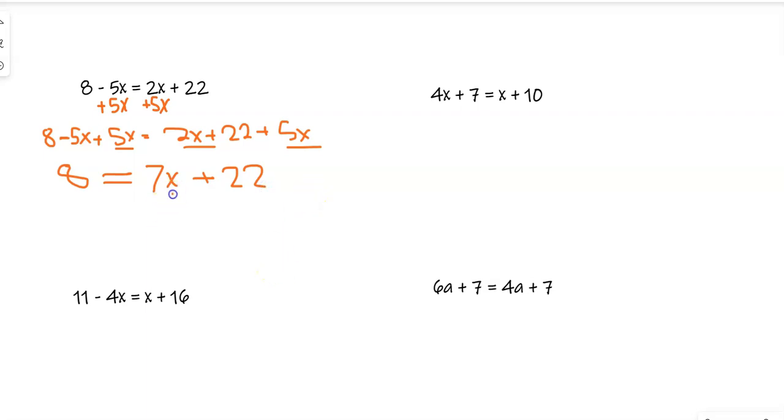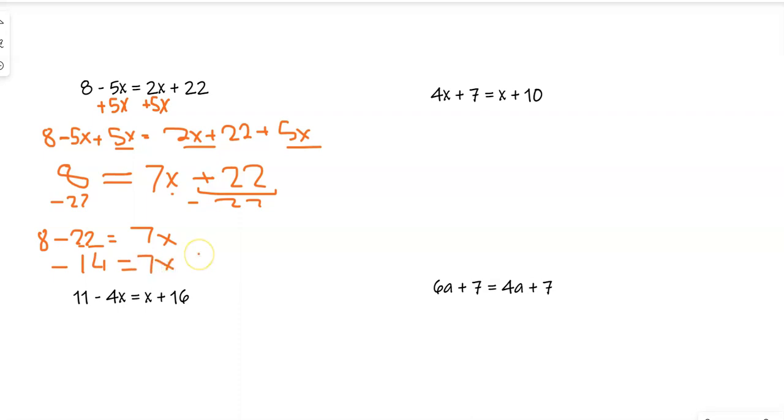So now we want to isolate x, which means we have to get rid of plus 22 on this side, which means we're going to subtract 22 from both sides. So here we're going to have 8 minus 22 equals 7x plus 22 minus 22, that's 0. Before we move on, we're going to simplify. 8 minus 22 is negative 14 equals 7x.